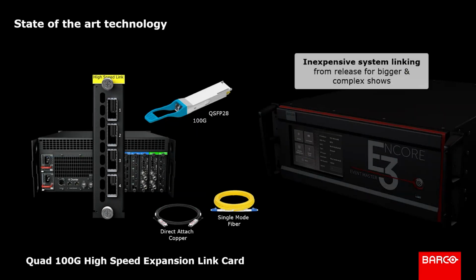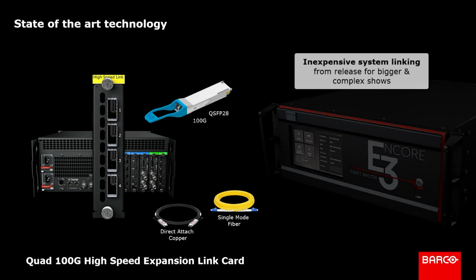Speaking of state-of-the-art technology, we have shifted over to a standardized QSFP28 sled for our high-speed linking, which does need the qualified QSFP28 sleds. Not just everyone's would work, you do need the proper sleds.